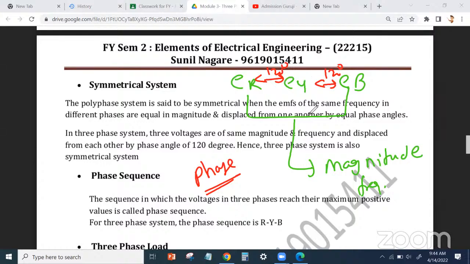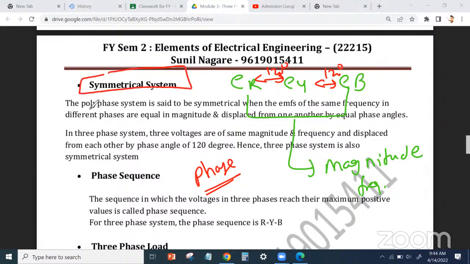So this difference is same, ना? That is called a symmetrical system. We have same magnitude, same frequency, different phase. 120, 120, again 120. So this is called a symmetrical system.